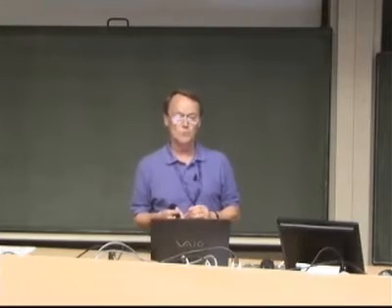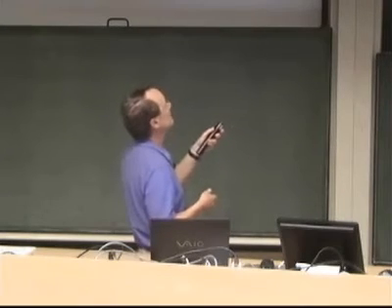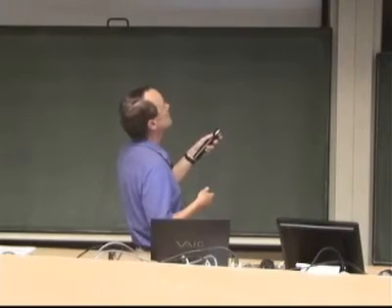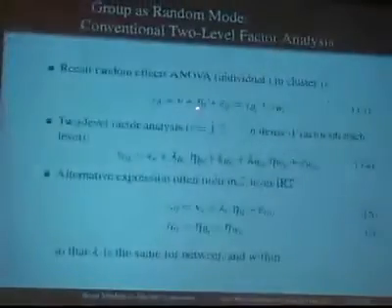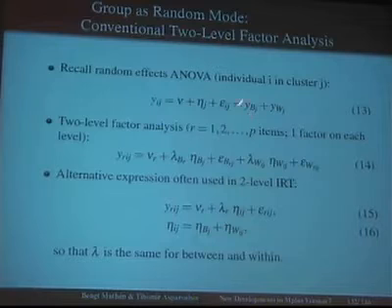Recall Stat 101, random effects ANOVA, individual I and cluster J. The model is a factor model. This is between, eta J, variation across clusters, and within cluster variation. It's like decomposing Y, the observed Y, in 2 latent parts, the between variation and the within variation. Two-level factor analysis elaborates on the 2 parts.